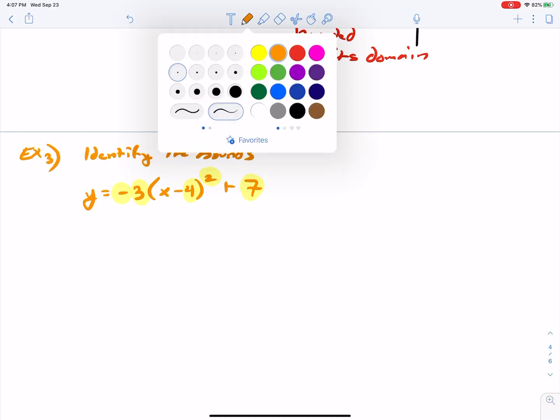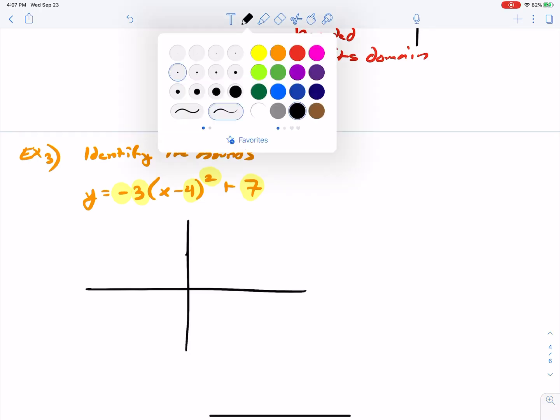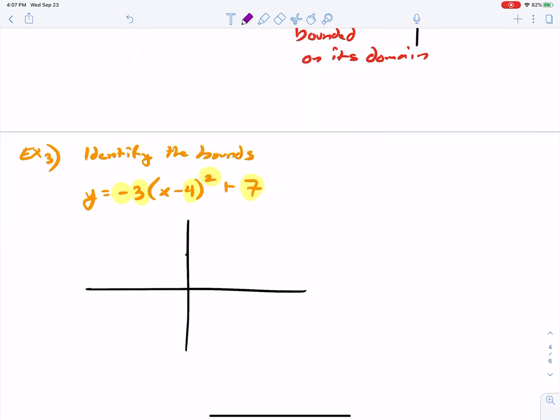So when you do this, I'll do everything prior in purple so that we can keep track.